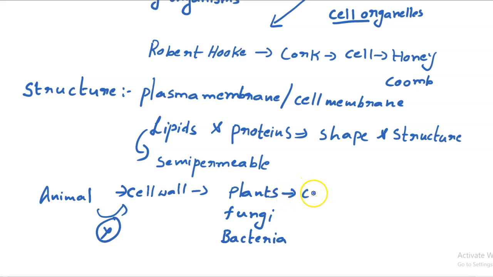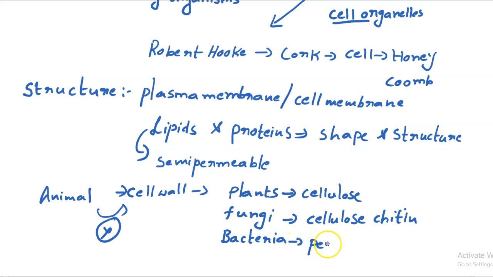In plants, it is made up of cellulose. In fungi, it is made up of cellulose and chitin. In bacteria, cell wall is made up of peptidoglycan. Cell wall protects the cell and it gives shape to the cell.